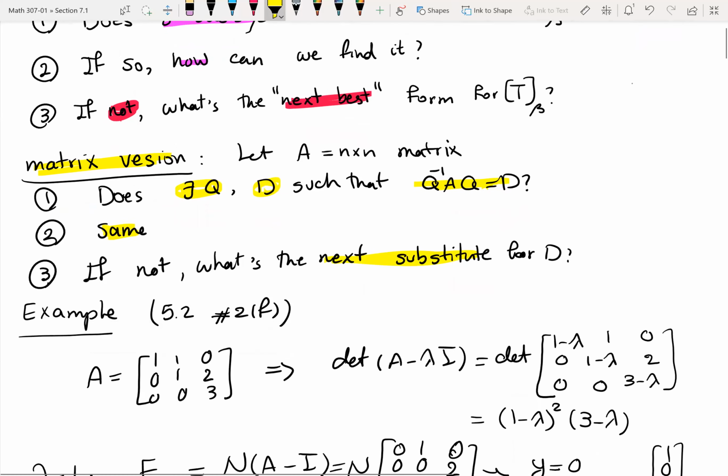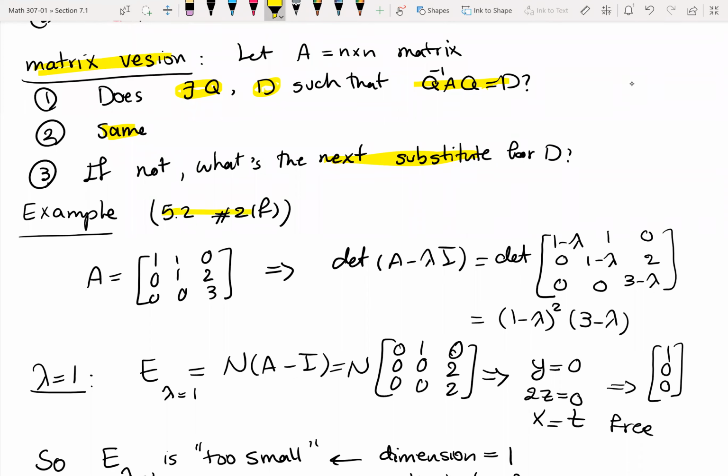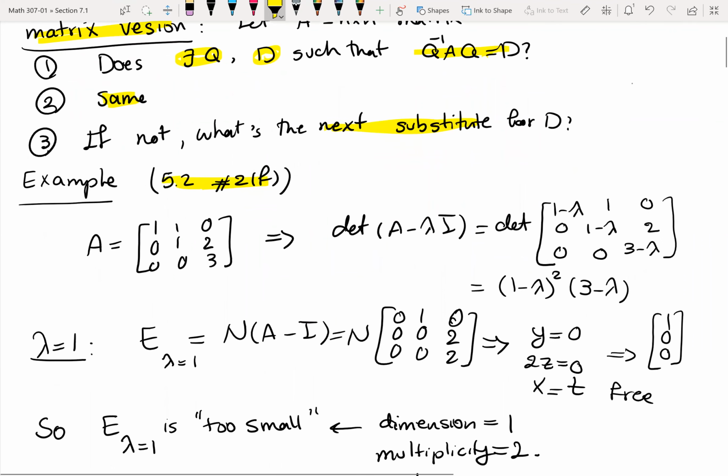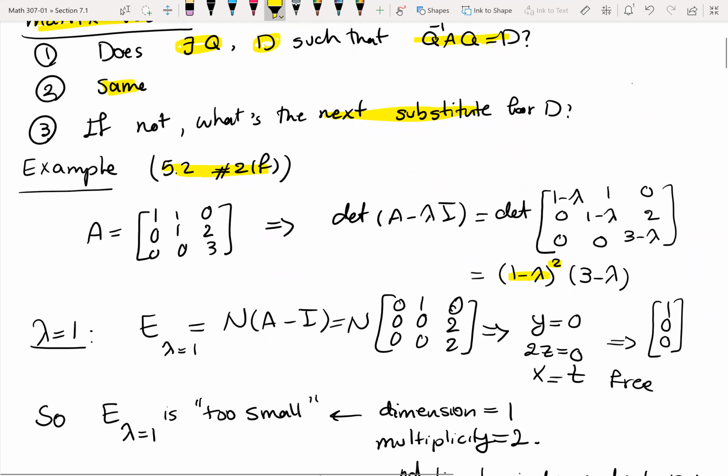That's a very simple example from section 5.2, problem number 2, part F. There is the matrix, we get the determinant, and we find the lambda is repeated. Lambda equals 1 is repeated, and lambda equals 3 occurs just once.